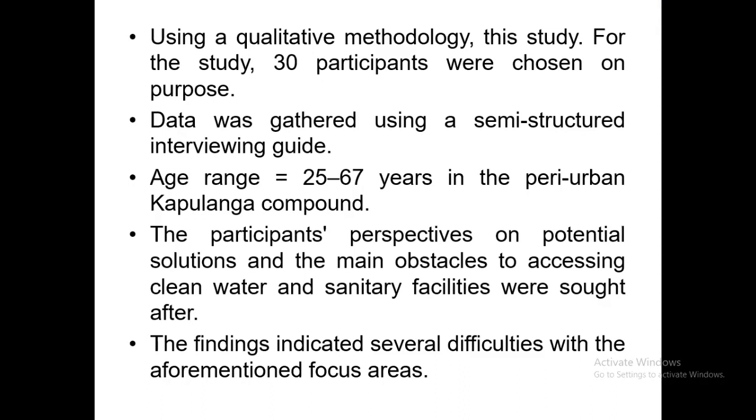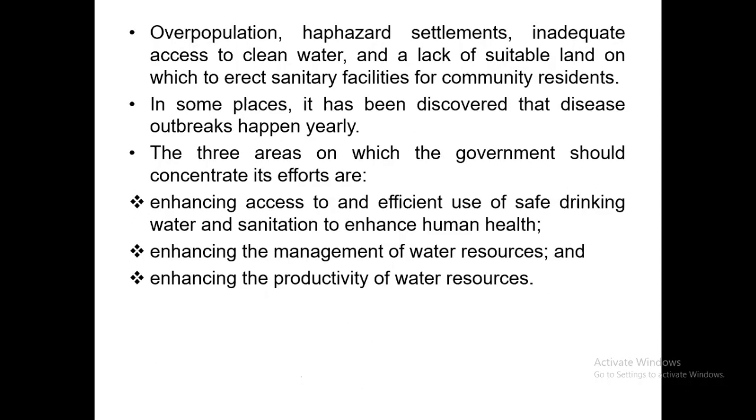Data was gathered using a semi-structured interview guide. The age range was 25 to 67 years in the peri-urban Kaplanga compound. The participants' perspectives of potential solutions and the main obstacles to accessing clean water and sanitary facilities were sought. The findings indicated several difficulties with the aforementioned focus area.